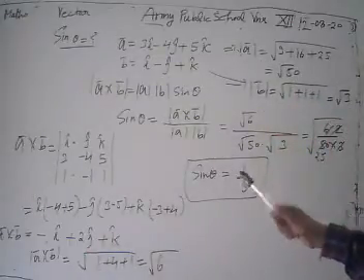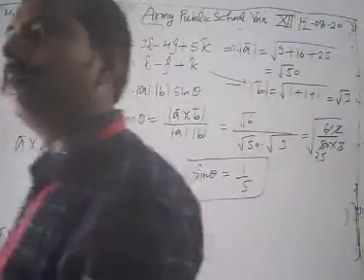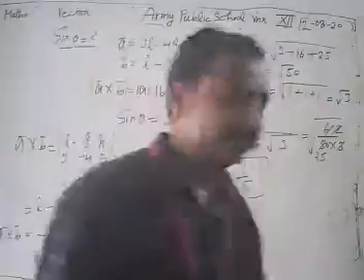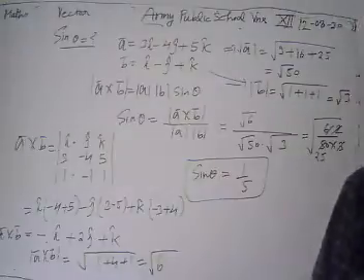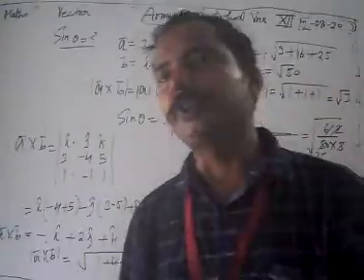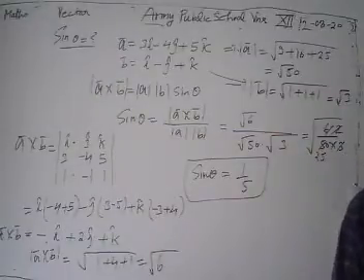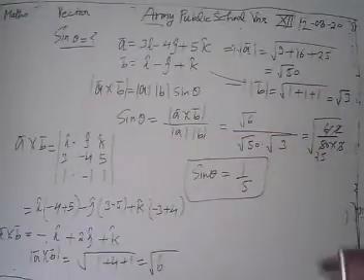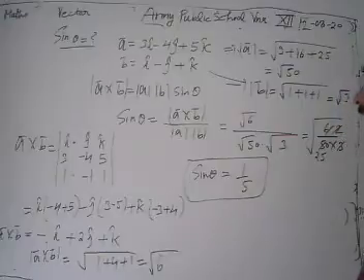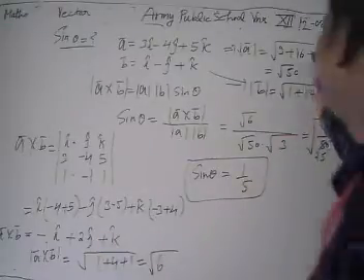Putting these values in the formula, sine theta is equal to modulus of vector A cross vector B divided by modulus of A into modulus of B. Then putting the lengths here, we get the value of sine as 1 by 5.